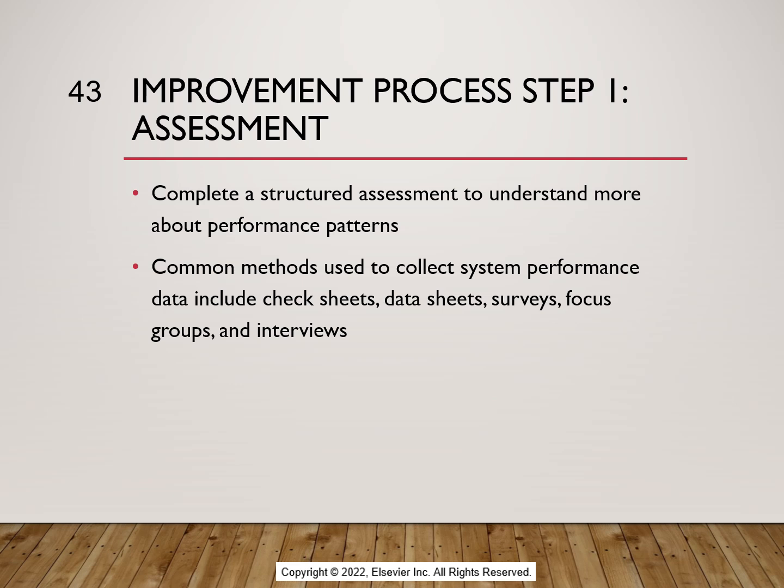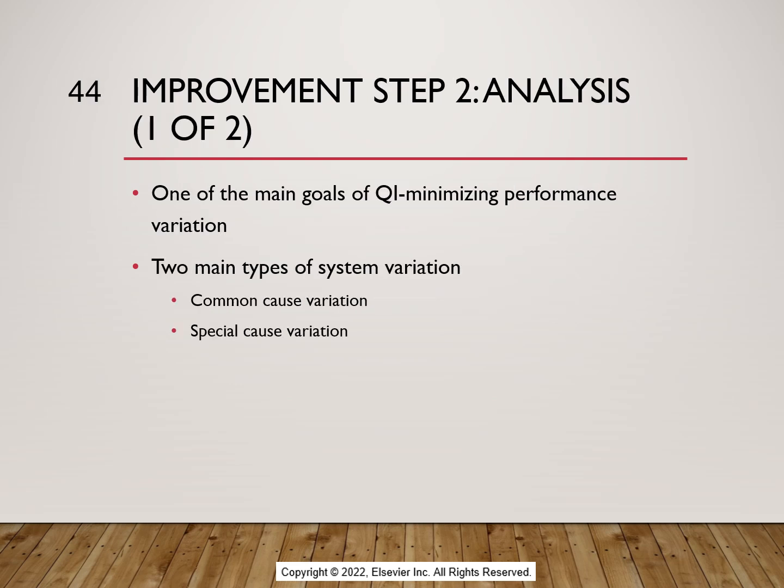So in order to do that, you need to collect data. I am one of the odd nurses and I love data. Data helps me understand what's going on and it helps me know if I'm getting to where I wanted to go. So collect data. We want to minimize performance variation. When we minimize performance variation, we improve quality.